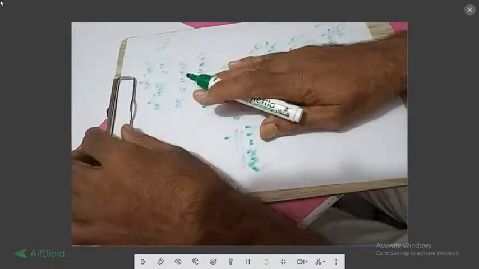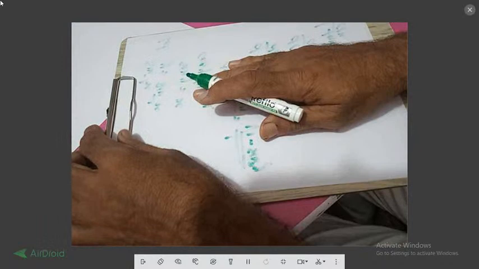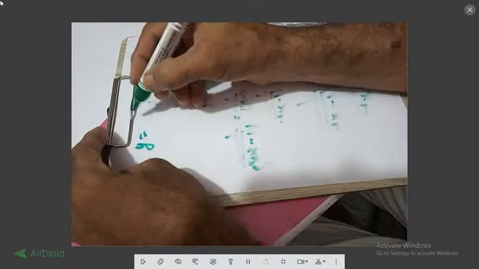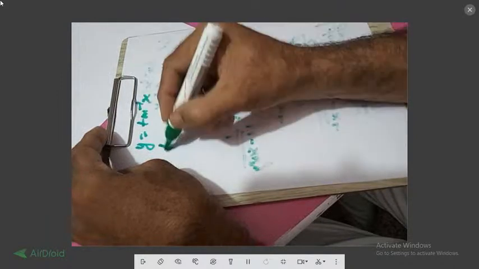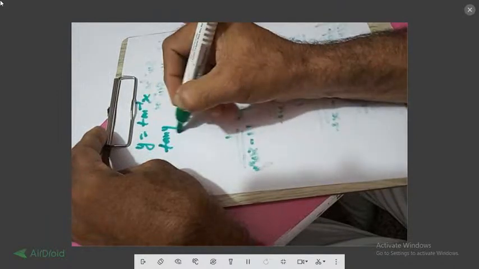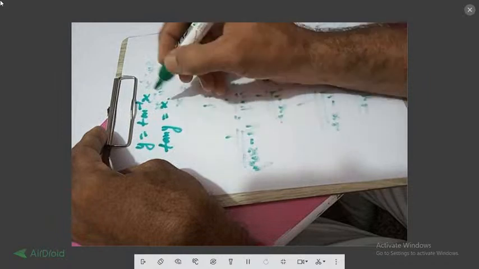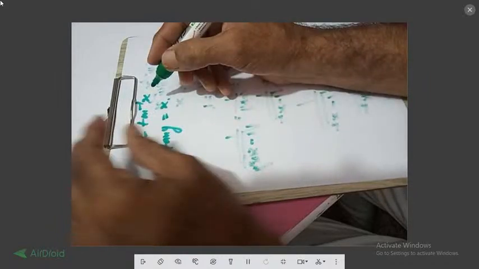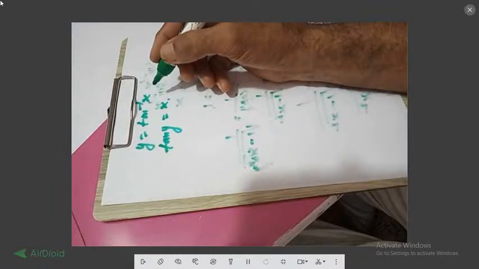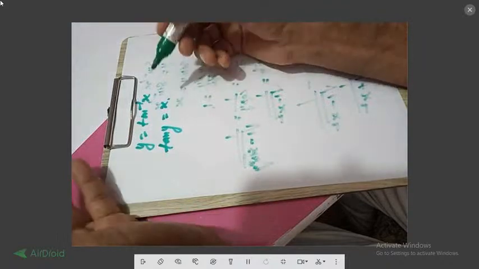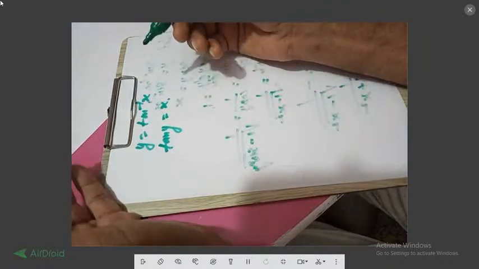Let y is equal to tan inverse x. Tangent y is equal to x. Then we differentiate this equation with respect to x.